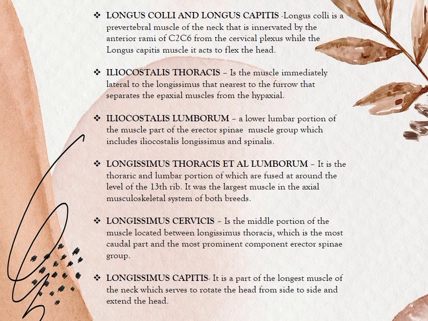Next is the longissimus cervicis. Between the longissimus capitis and longissimus thoracis is the longissimus cervicis, which is the muscle's middle section. The transverse processes of the first 5 thoracic vertebrae, T1 to T5, give rise to the longissimus cervicis.